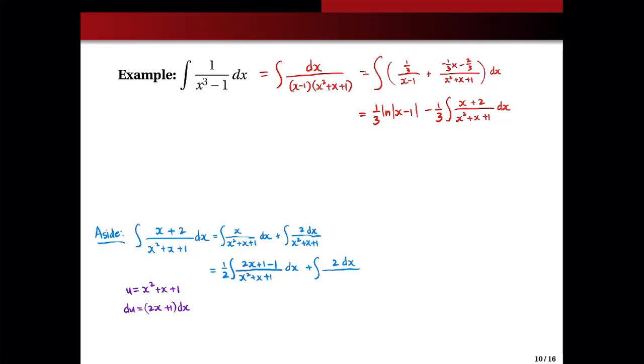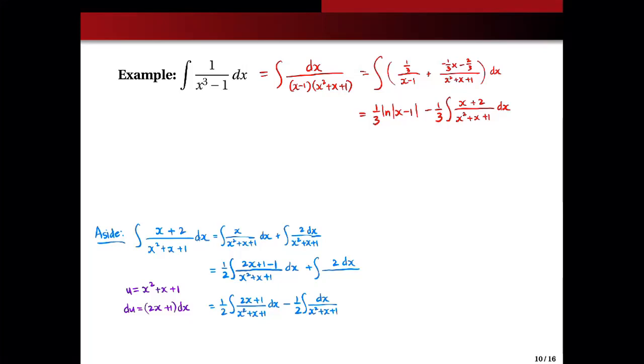So what I'll get is equals 1/2 integral of (2x plus 1) over (x squared plus x plus 1) dx minus 1/2 integral of dx over (x squared plus x plus 1).